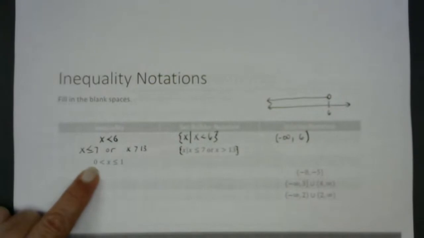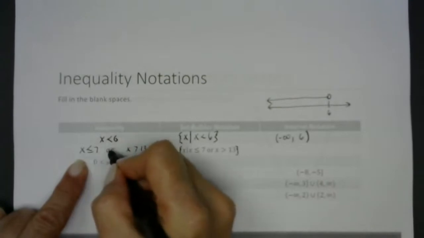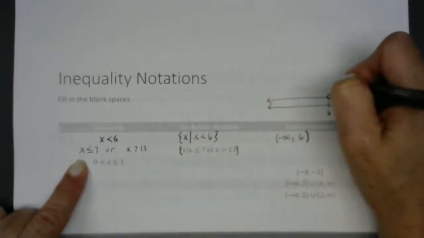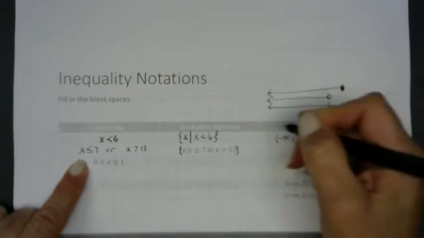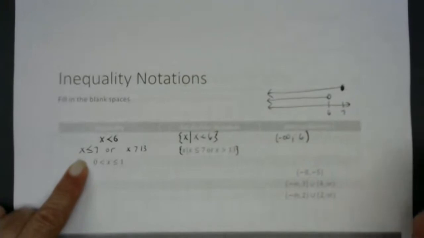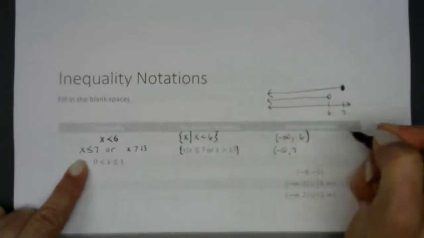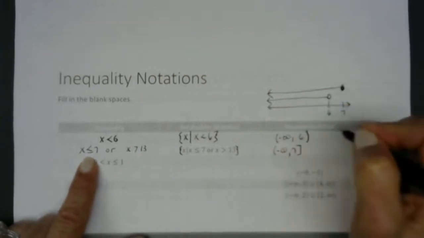To write that in interval notation, I'm just going to have to write two intervals. That first interval is everything less than or equal to 7, right? So how does that look on the number line? If 7 is here, less than or equal to 7, that'd be a closed circle here. Everything's smaller than 7. That's going to be negative infinity to 7. That's the first interval. And since it's or equal to 7, I'll use the bracket here to indicate a closed interval.